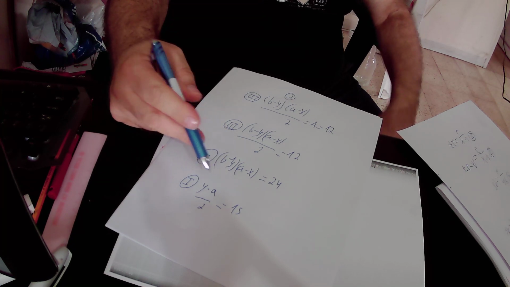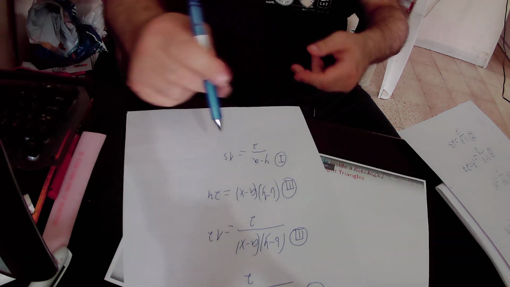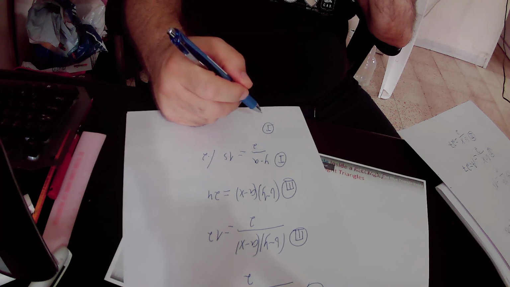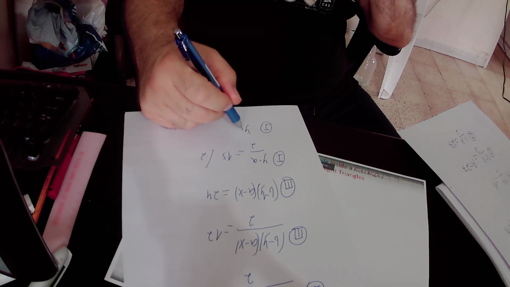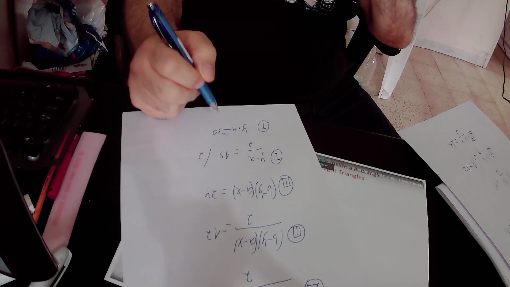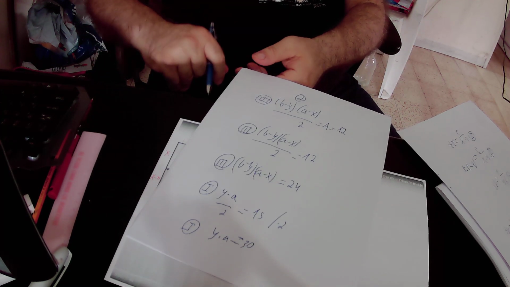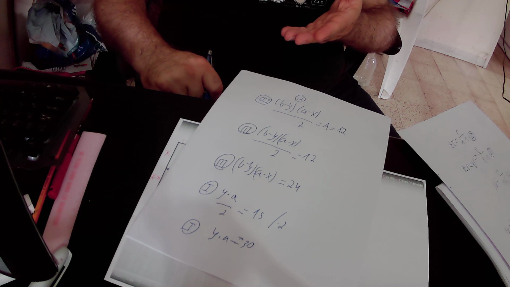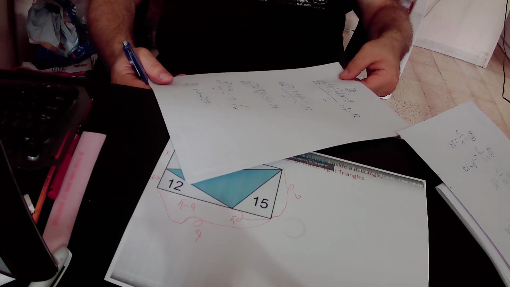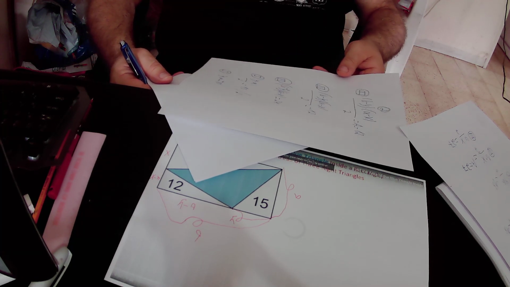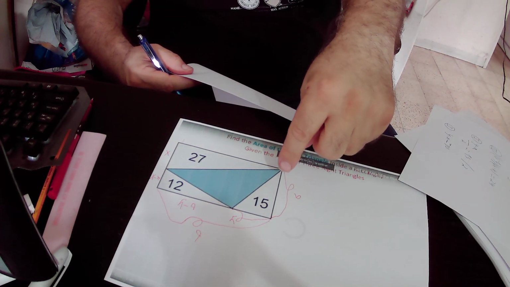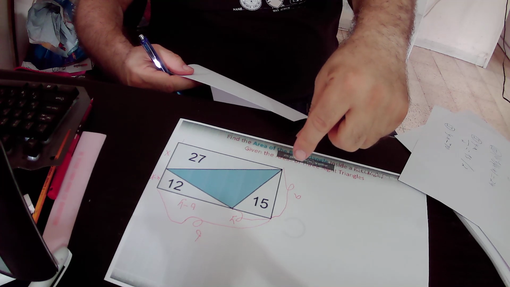We will multiply both sides of the equation by 2. We'll get that y times a equals 30, because 15 times 2 is 30. Now we will divide both sides of the equation by a. We can divide by a because a is the width of the rectangle, so it must be a positive number and can never be 0.